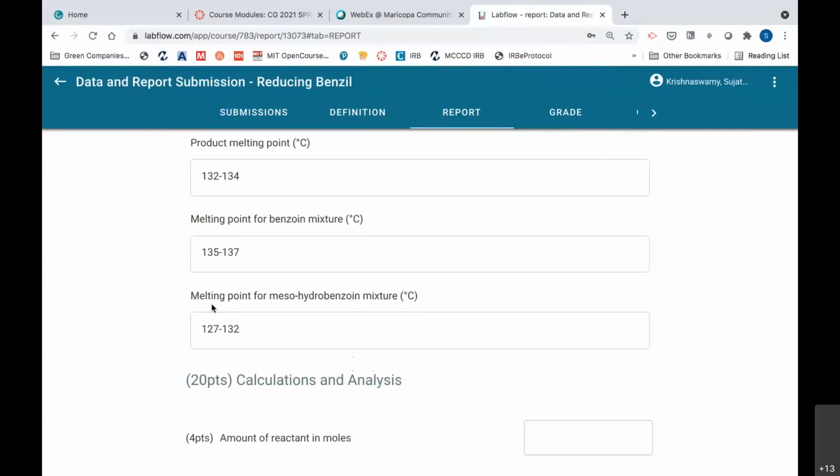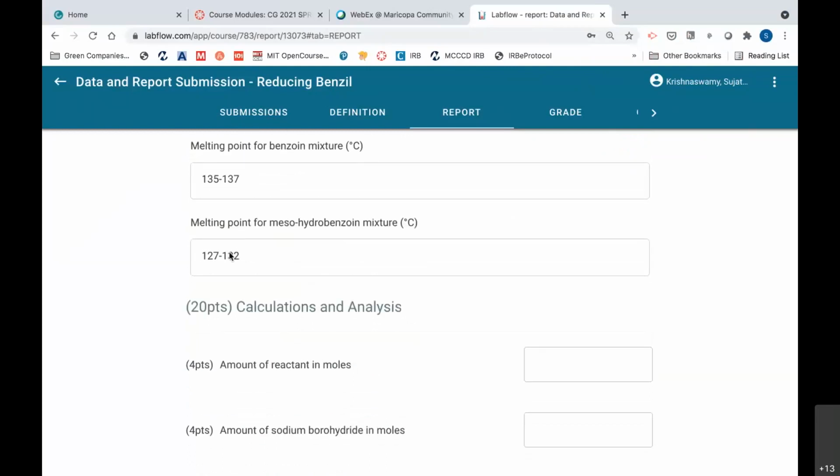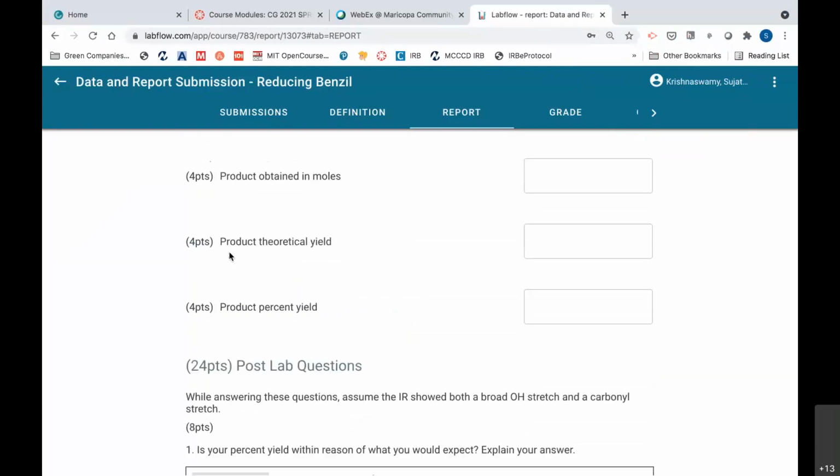Now, this is another mixed melting point where you take your product and mix it with the commercially purchased, the manufacturer's meso mixture. 127 to 132, that's a much broader range. So you're going to conclude your product is benzoin. All of this is calculation.